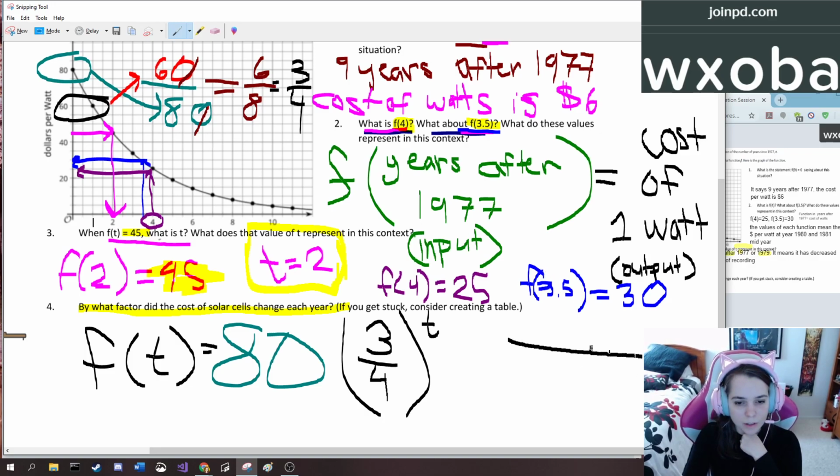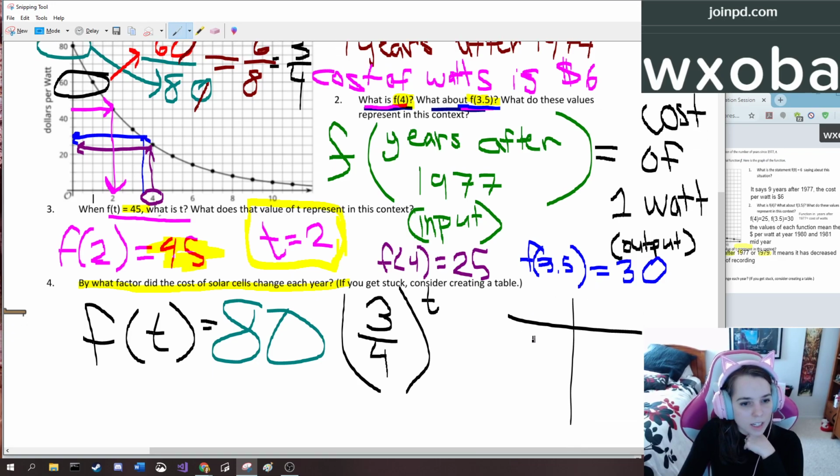You could have also, if that was confusing, made a data table. Using the data table, you would say, at 0 it's 80, at 1 it's 60, at 2 it's 40, and then you could try to find the pattern here at 3.